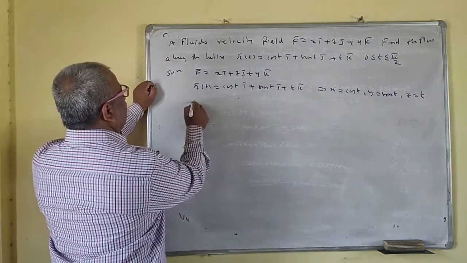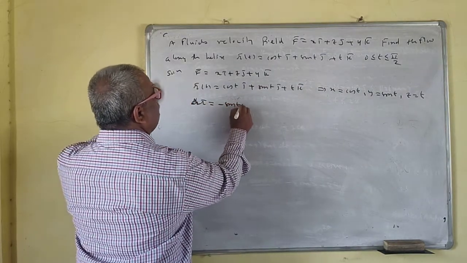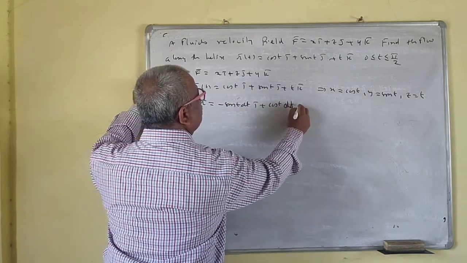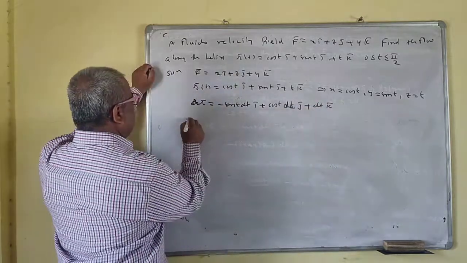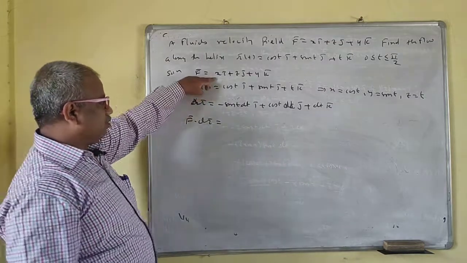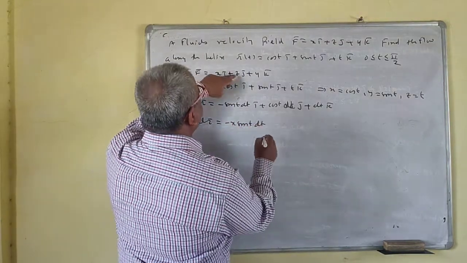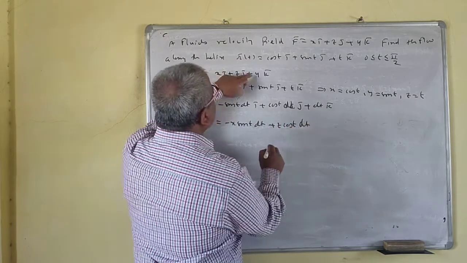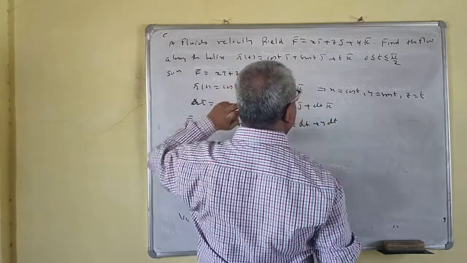So dr bar is equal to minus sin t dt i bar plus cos t dt j bar plus dt k bar. What is F bar dot dr bar? It is minus x sin t dt plus z cos t dt plus y dt.